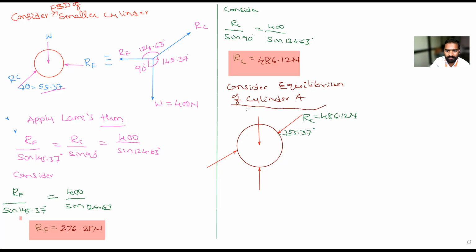The weight of the larger cylinder is 900 Newton. Then there is a reaction from the support, RG. Then there is RD. What is the angle made by RD? 60, that is equal to 60. 60 or 30?